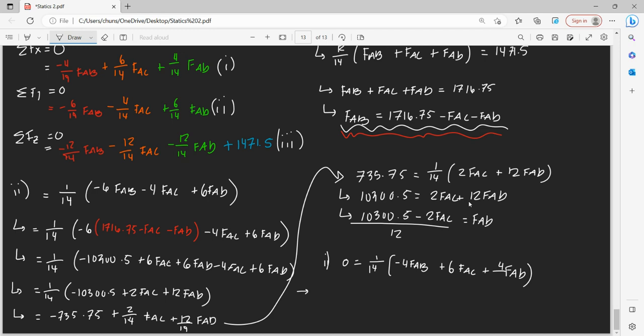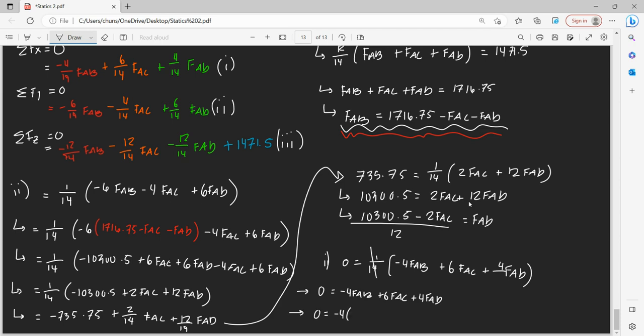Okay, so if we were to multiply that to the other side, this we can just factor out to be 0. So 0 equals negative 4 FAB plus 6 FAC plus 4 FAD. And we're going to plug in for what we know.